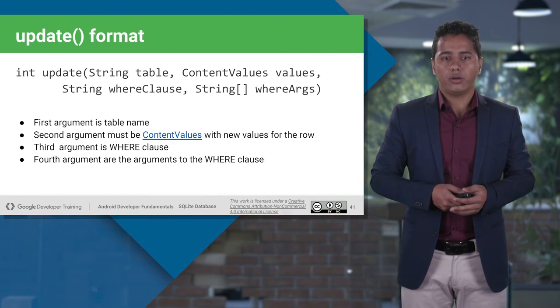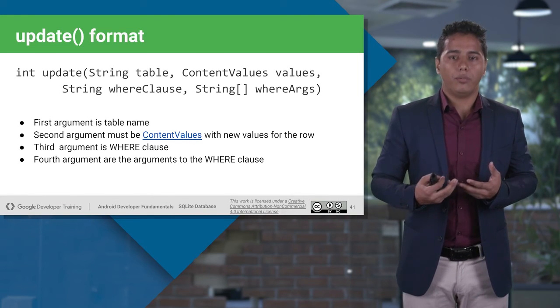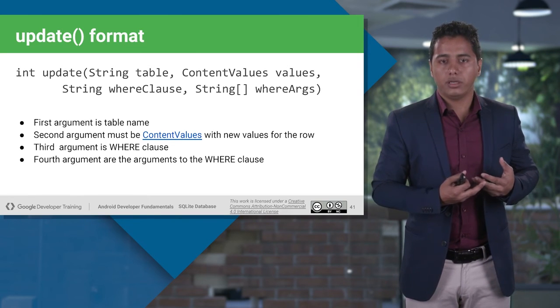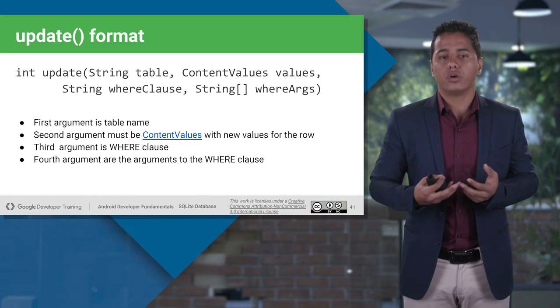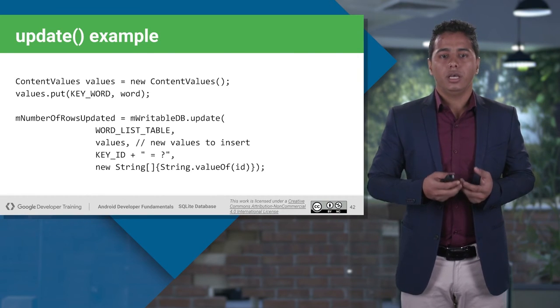Same goes with your update also. In update, there will be a table name and the values you want to update, the new values, and where exactly the where clause will be there, in which rows you want to update it, and the selection or the values of that where clause. So this is how it will look like in action.